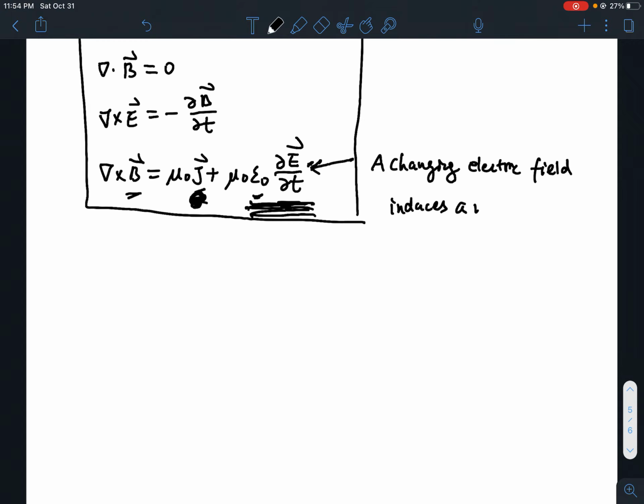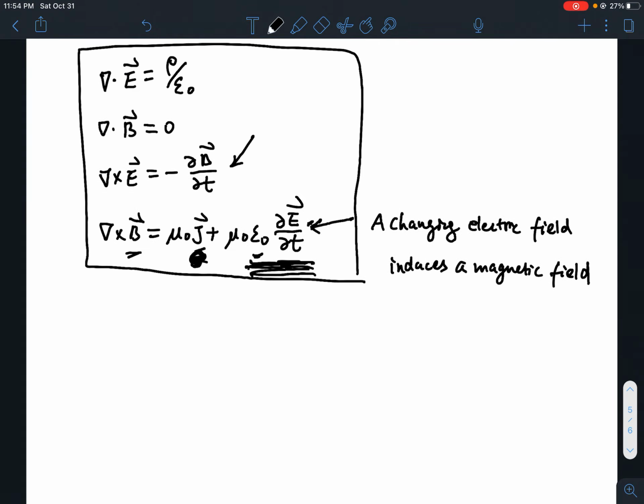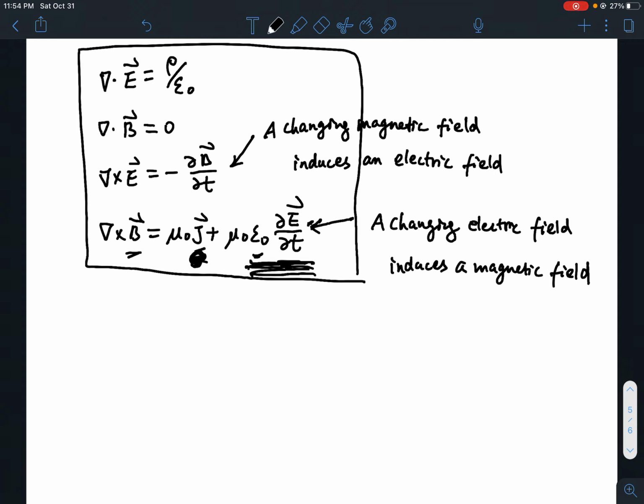A changing electric field induces a magnetic field. And from before, a changing magnetic field induces an electric field. So these two equations indicate these very important facts about the electric field and magnetic field.